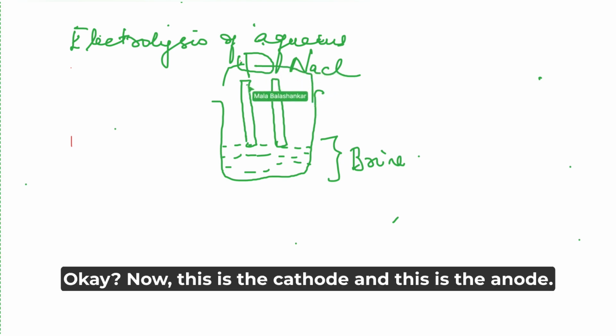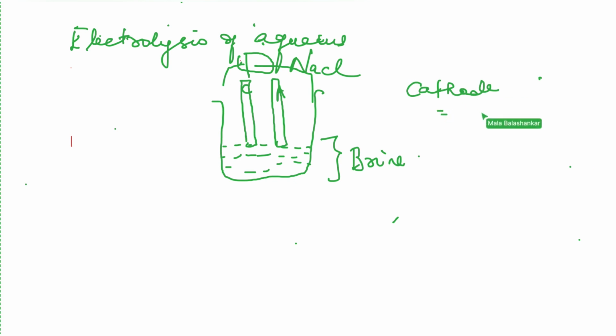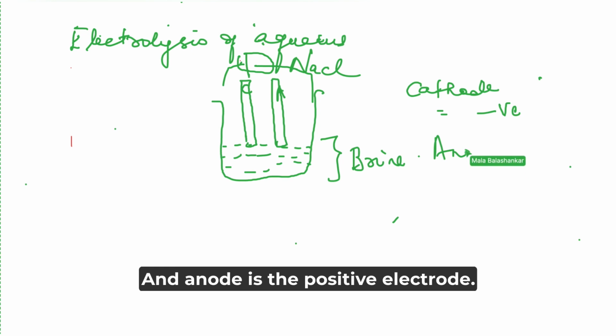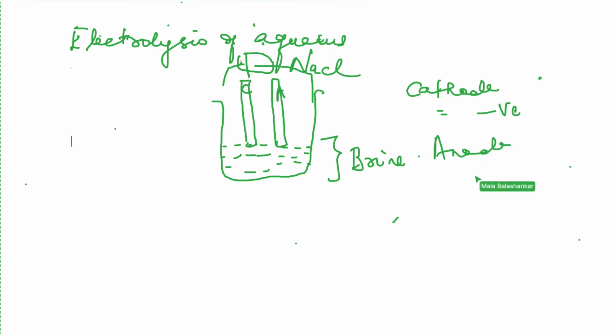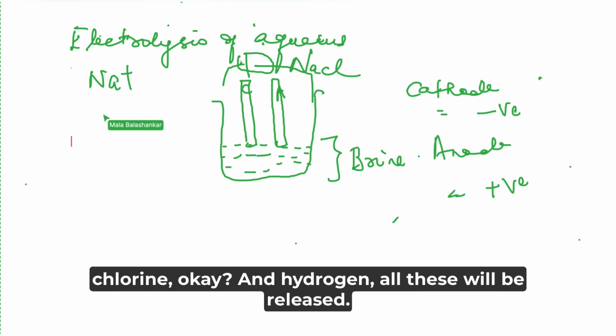Now this is the cathode and this is the anode. Always remember, the cathode is the negative electrode, and the anode is the positive electrode. You know that sodium chloride comprises sodium and chlorine, and water gives hydrogen.